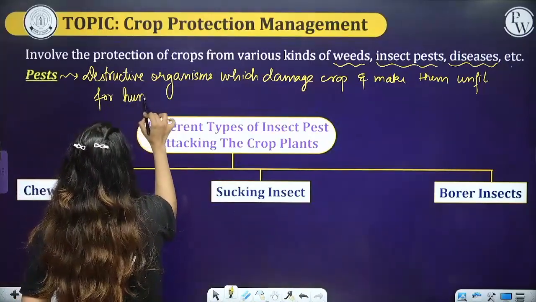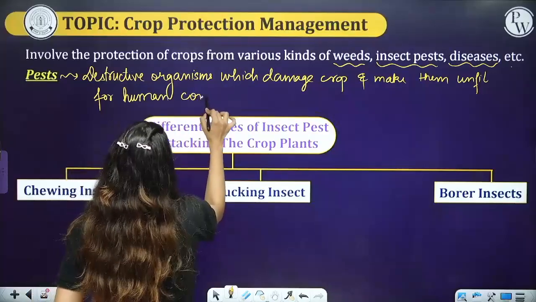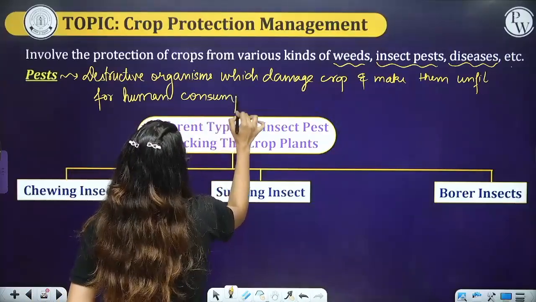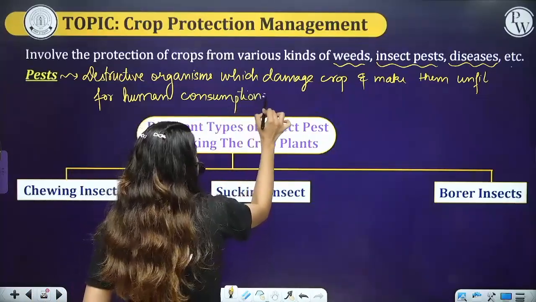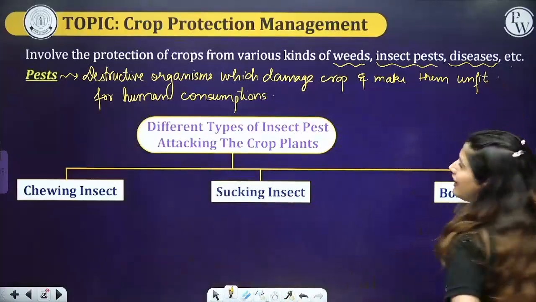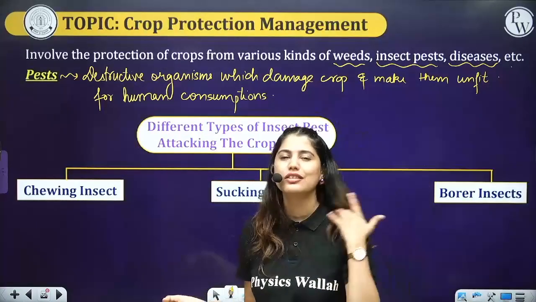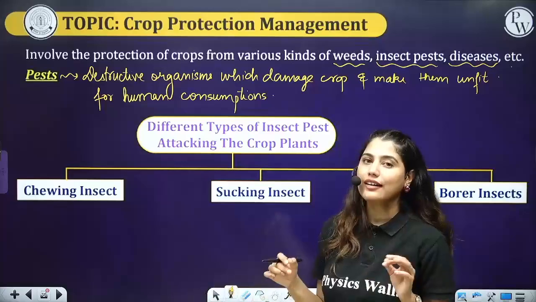It's going to be toxic. Those are the pests. Now these pests can be insects, like grasshoppers, and rodents, right? All these will act like pests.